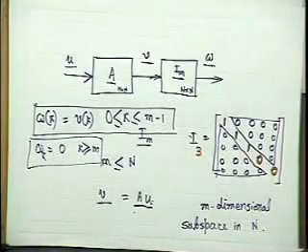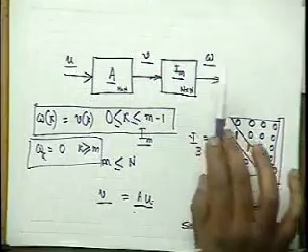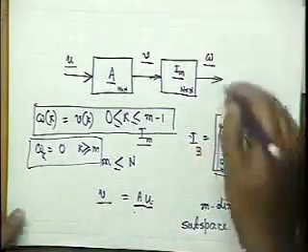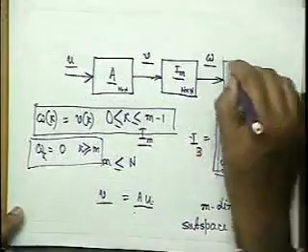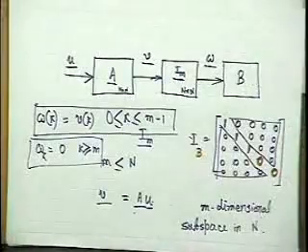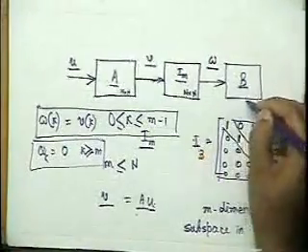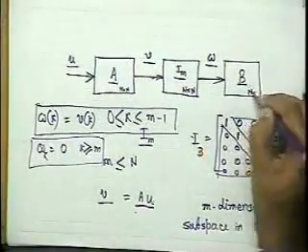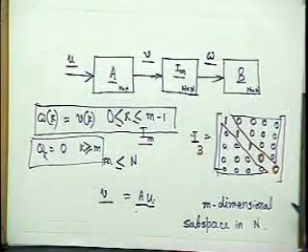Now after eliminating some of the samples, I am going to put it through a reverse transformation. I am considering the reverse transformation matrix to be a matrix B, which is again of size n by n.